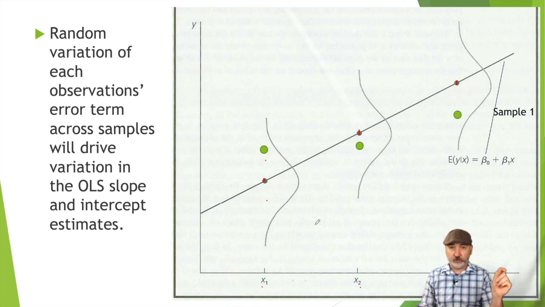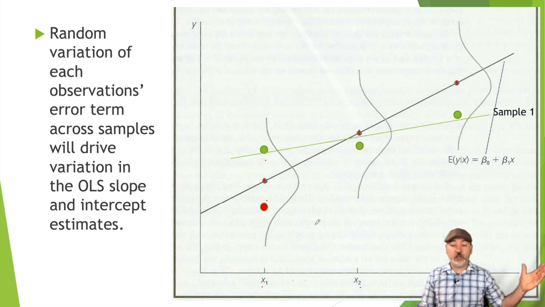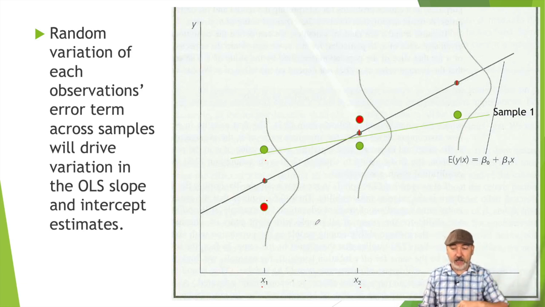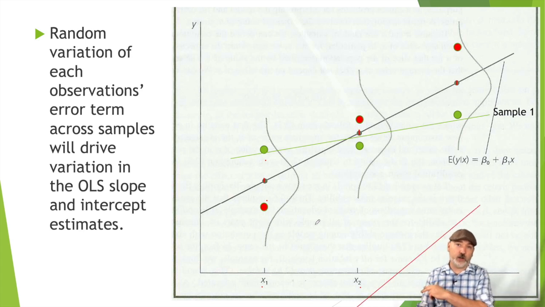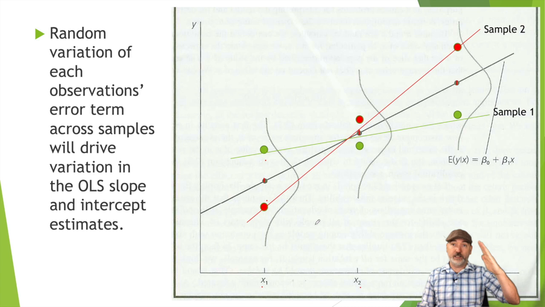We put that through our regression formula, and we end up with a prediction line that looks like this. That is one sample estimate. Rewind the clock and say, let's play that day out over again. And just by random chance this time, person 1 spends less than predicted. They have a negative error. Person 2 and person 3 have positive errors. We plug those observations into our formula, and we get a wholly different prediction function.